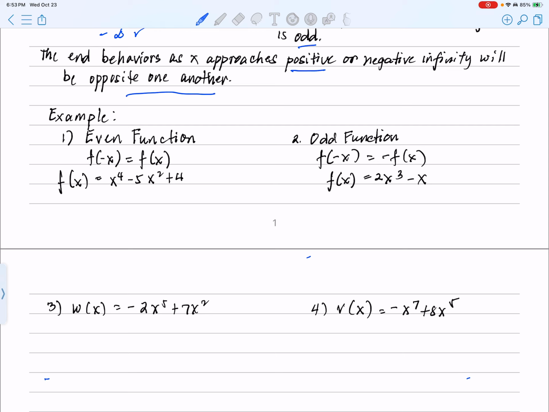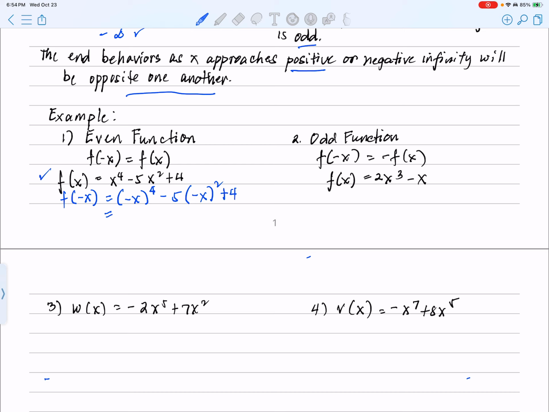The function of x is the given function: f of x equals x to the fourth minus 5x squared plus 4. If I substitute a negative x, we have f of negative x equals negative x to the fourth power minus 5 times negative x to the second power plus 4.